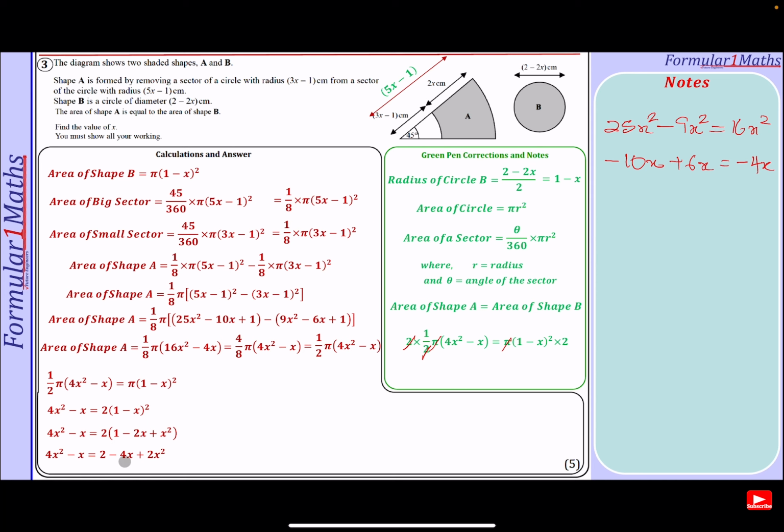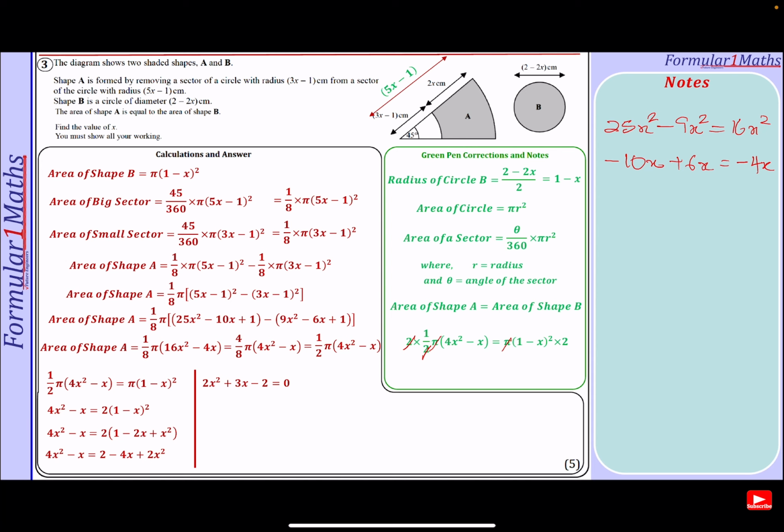Minus 4x will come over to be plus 4x. And the 2 comes over to become minus 2. So in the end, we are going to get this. So this is a very nice quadratic equation where the coefficient of x squared is not 1. So let's go and try to solve that.